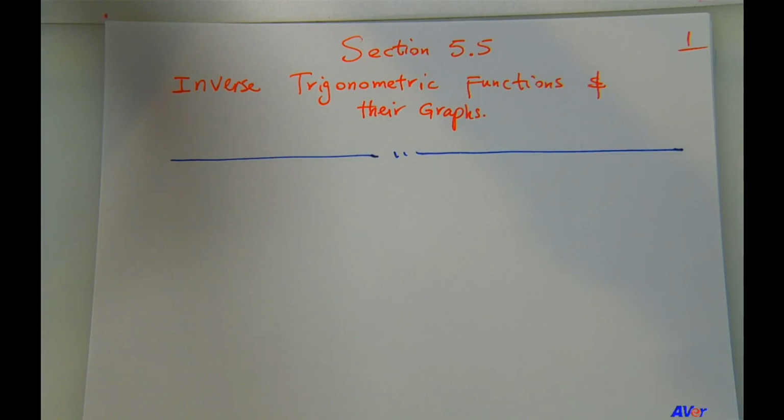Before we begin, I really want to do a quick recap of what we did in sections 5.3 and 5.4 with respect to the transformation of graphs of sine, cosine, tangent, cotangent, and secant and cosecant. Remember those? Let's do a quick recap of that material before we continue with this subject.